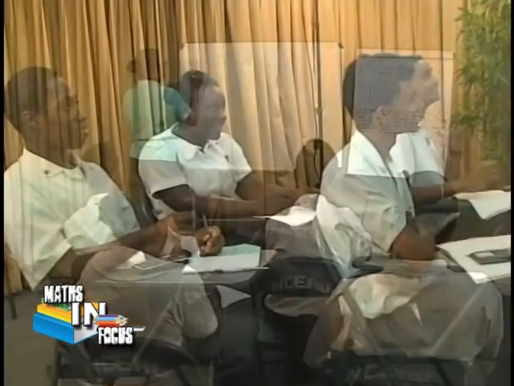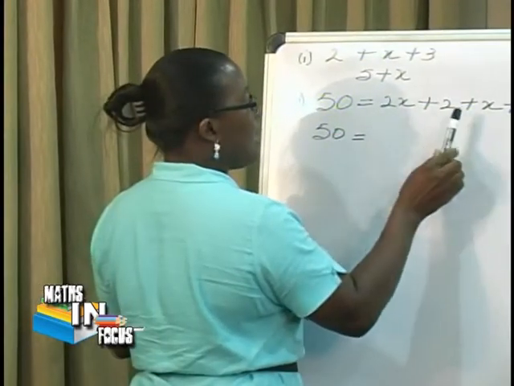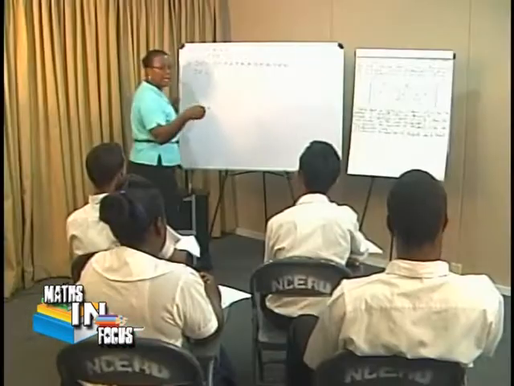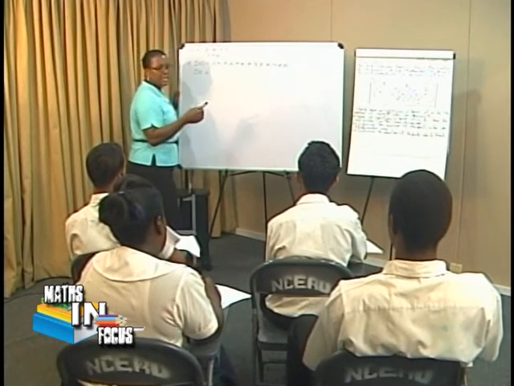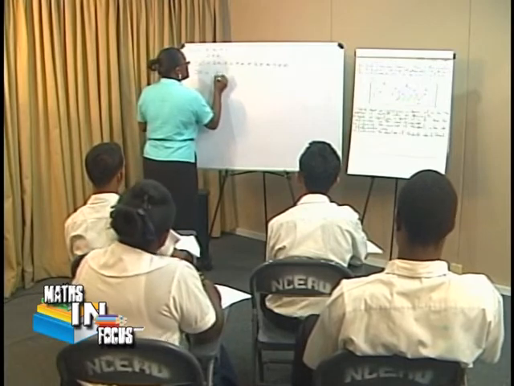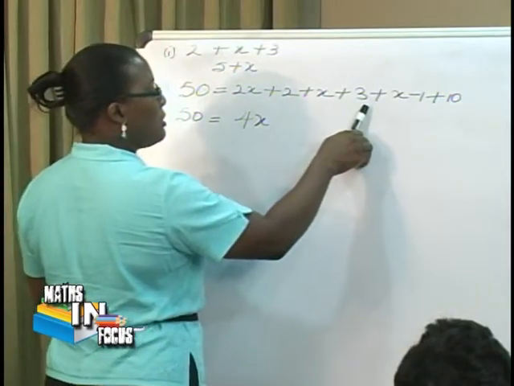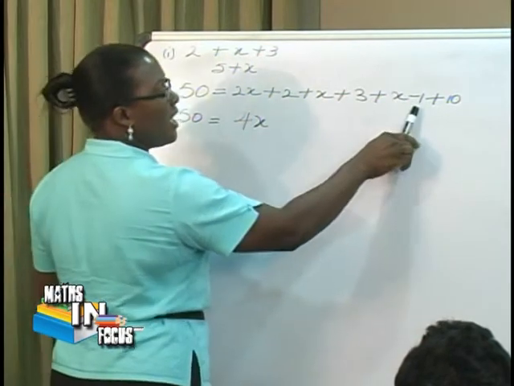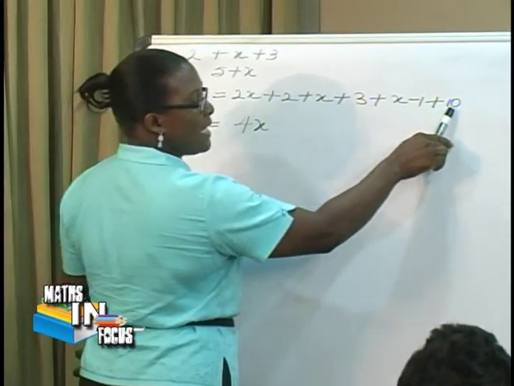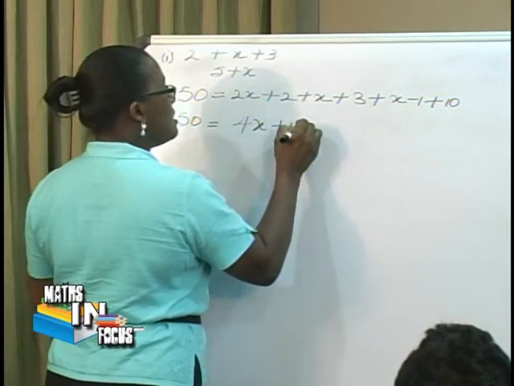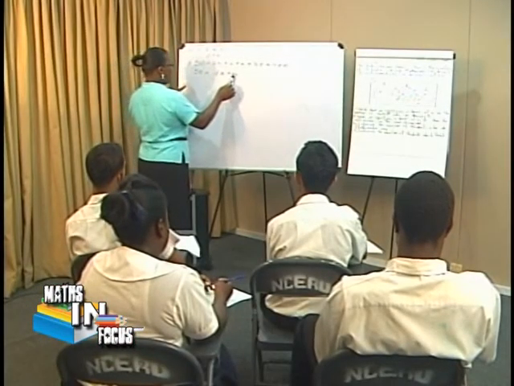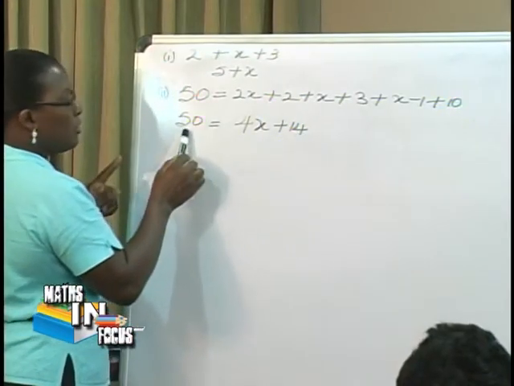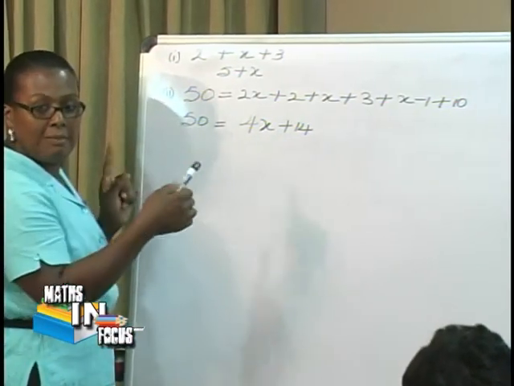So let's simplify. 50 is equal to 2x added to an x added to an x. Remember, we're adding like terms. 2x added to an x added to an x give us how many x's? 4x. A 2 and a 3 would give us a 5. 5 take 1, 4. A 4 added to 10, 14. Now if our aim is to find the value of x, first we've got to move this constant and take it together with this one so we can simplify.